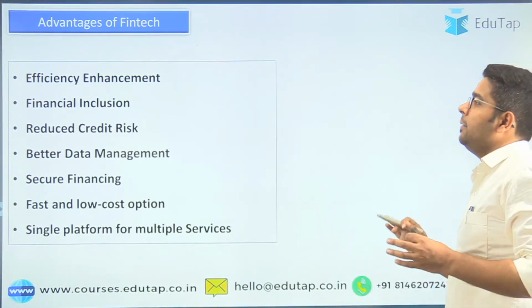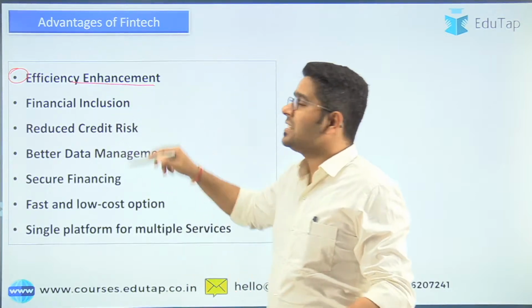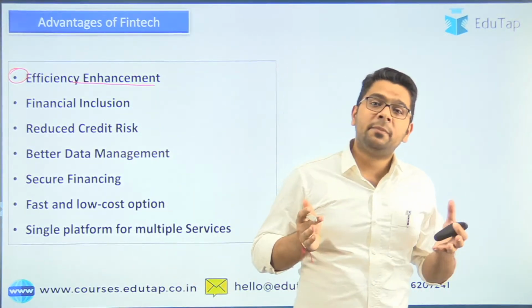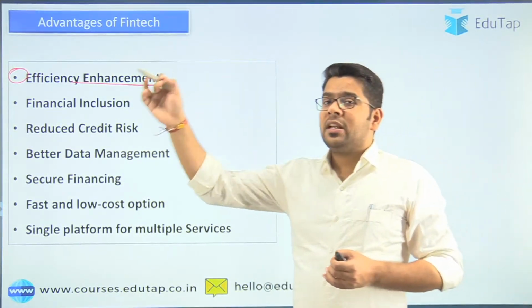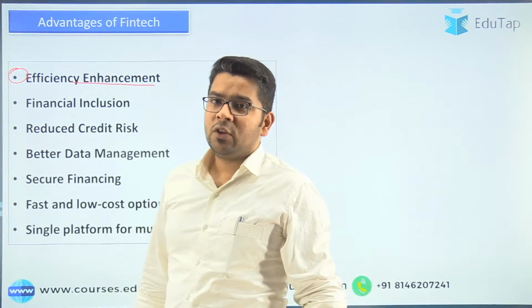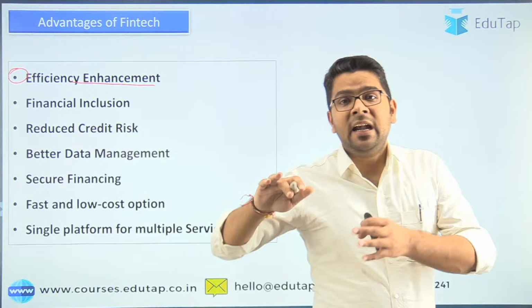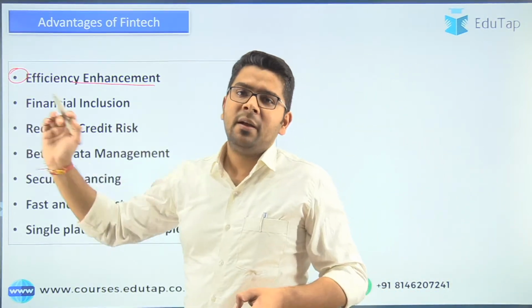Coming to the first point, which is efficiency enhancement. When you use the latest technology, definitely there will be an improvement in efficiency. Earlier, just a few years back, you were going to the bank, staying in line and doing the transactions, and after half an hour or some period you would get to know that the transaction had been made.